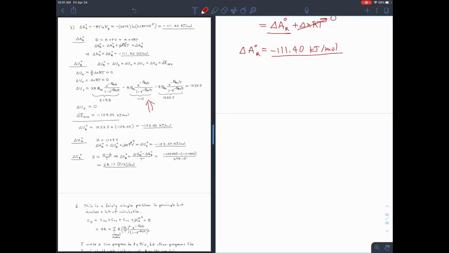Okay, what next? Let's follow the key and calculate delta U next. That's one that requires some calculation. We can't get that quickly from the numbers we already have.